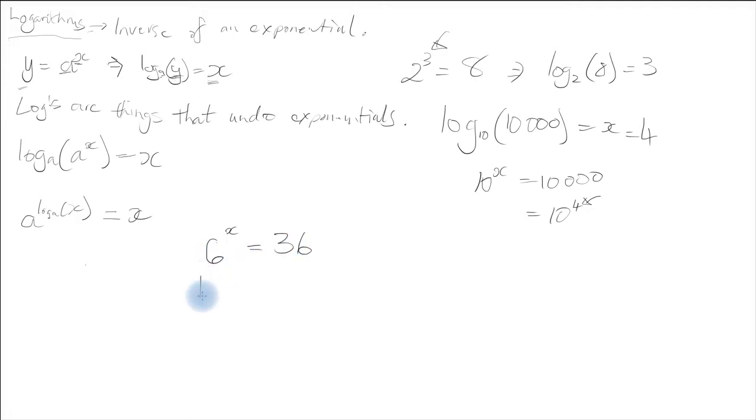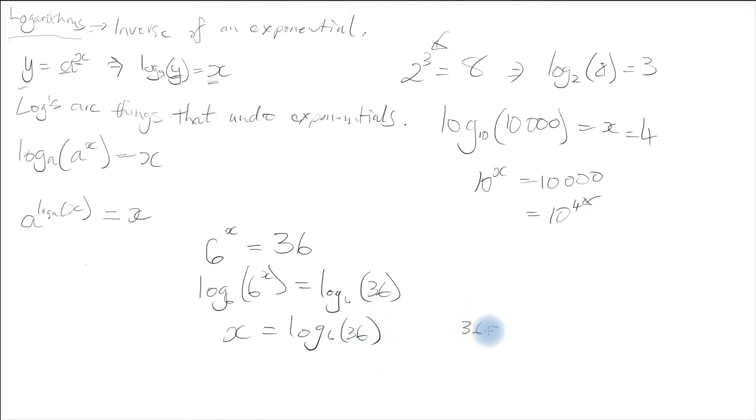So logarithm base 6 of 6 to the power x equals logarithm to the base 6 of 36. Here the logarithm to the base 6 and the 6 to the power of x cancel each other out. So x equals logarithm base 6 of 36. We know that 36 is just 6 to the power 2, so obviously the answer is going to be 2.